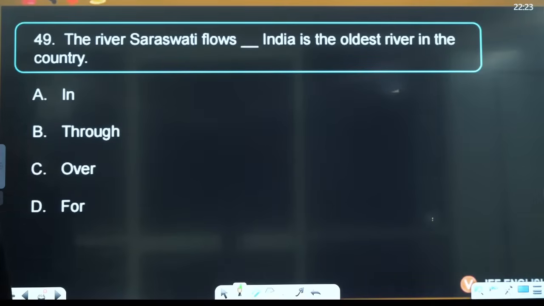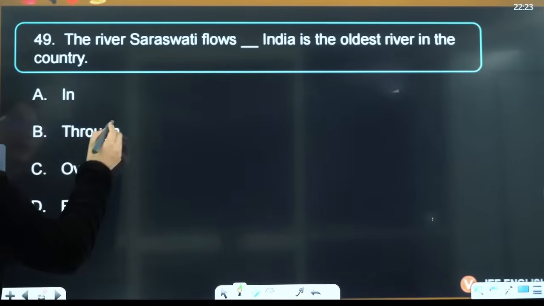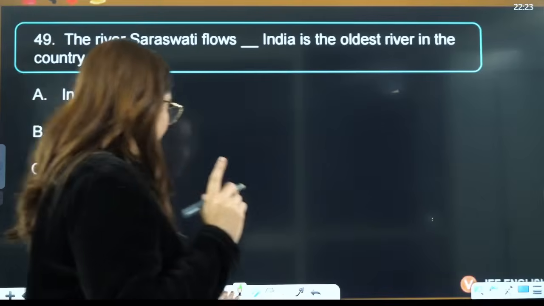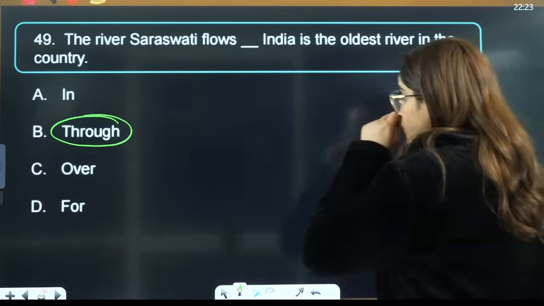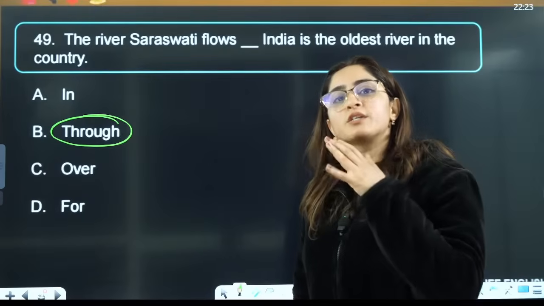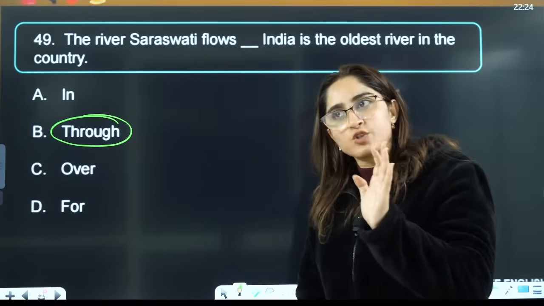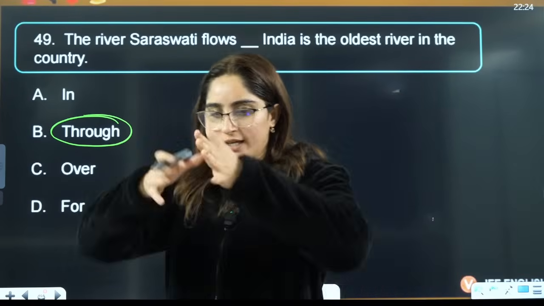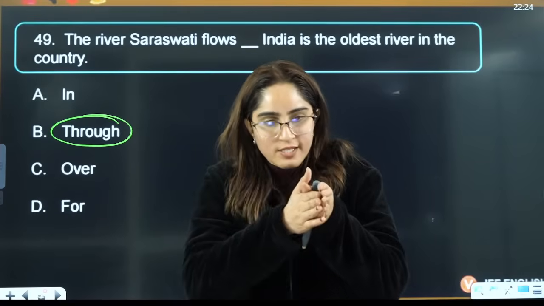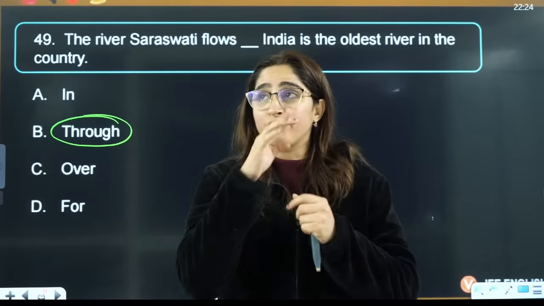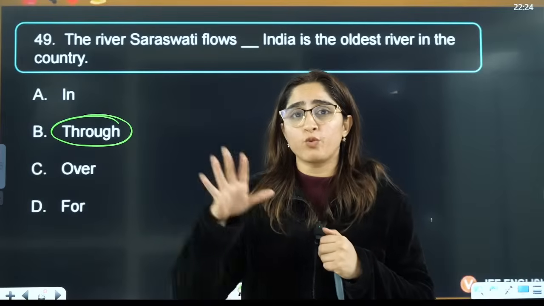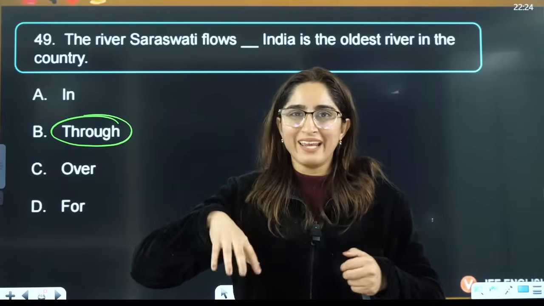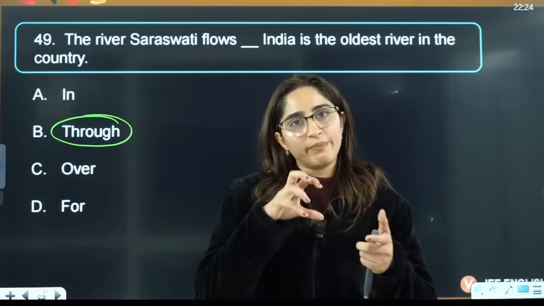It is through India. I'll tell you why it is called "through India" and why it is not "in India." It is a historical reason, because it is meeting the Arabian Sea. It is going towards something, then it is meeting something else. If there is some river that is not going towards some ocean and is only in India, then it will be "in India."